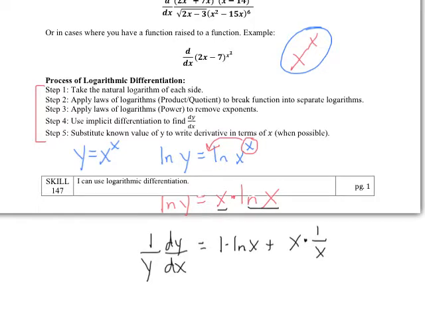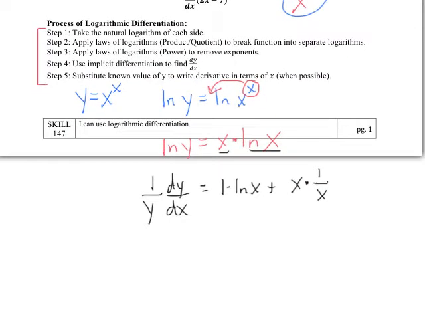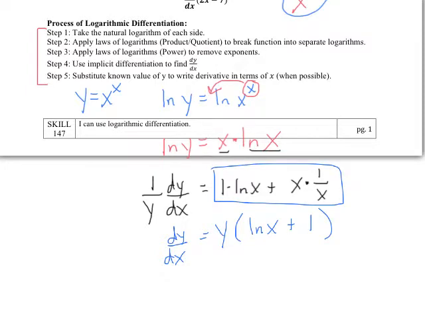From there, what we want to do is solve for dy/dx. So dy/dx is equal to y times, let's just simplify this, y times that value.